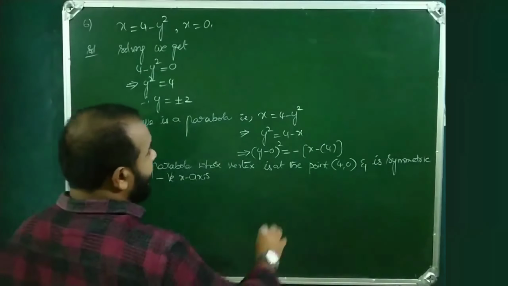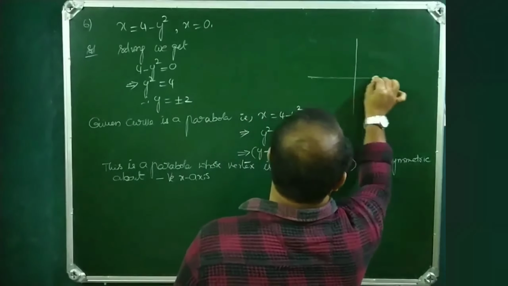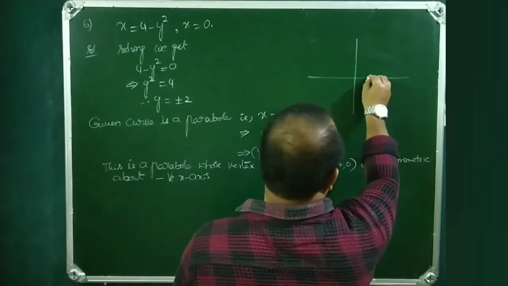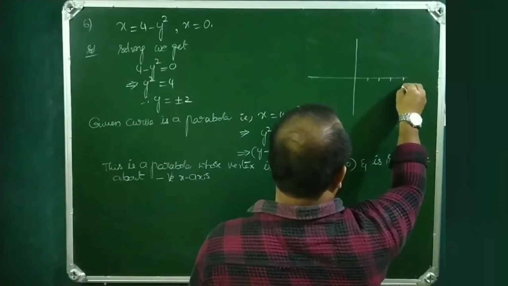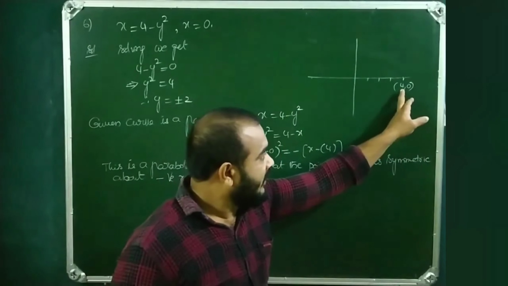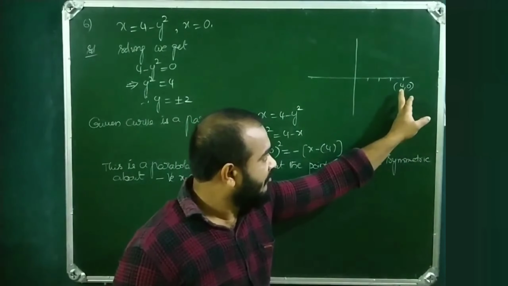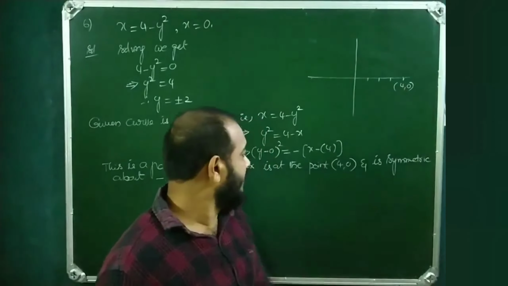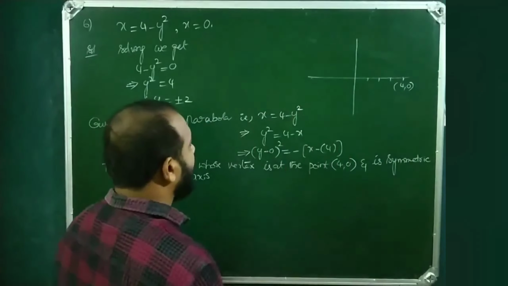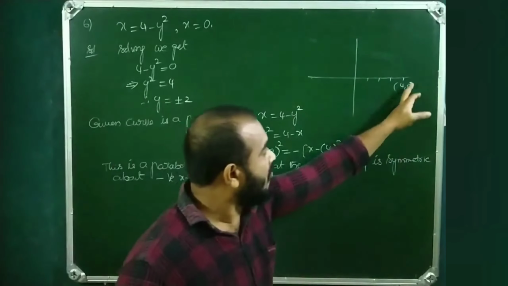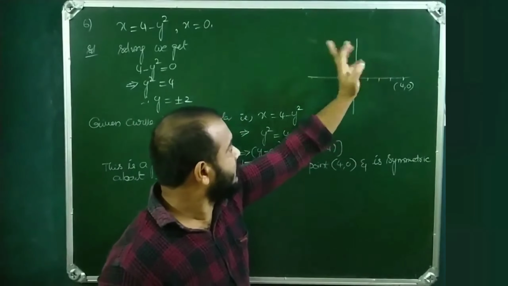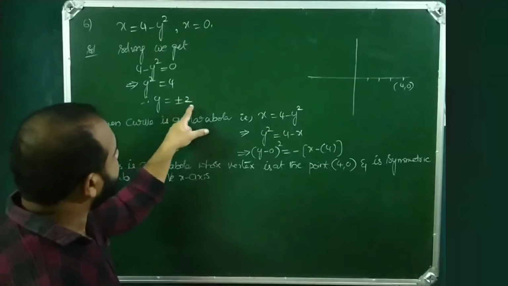Let us try to plot the diagram now. So this is the coordinate axis, and 4 comma 0 is 1, 2, 3, 4. This is 4 comma 0. So the vertex is located at 4 comma 0, and it opens in the negative x direction, and in this process it obviously cuts the y-axis at the points plus or minus 2.